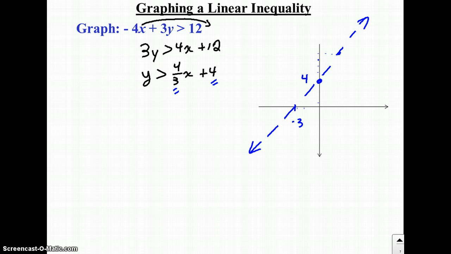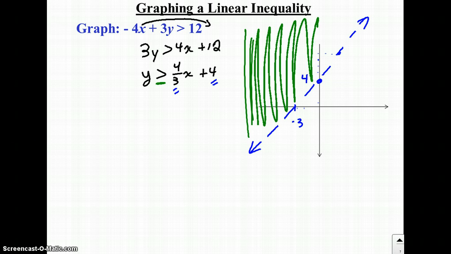And we should then shade above the line, y is greater than. So all this stuff that we can see in the graph, we're going to shade above that line. And that'd be the inequality, y is greater than 4/3 x plus 4, or negative 4x plus 3y is greater than 12.